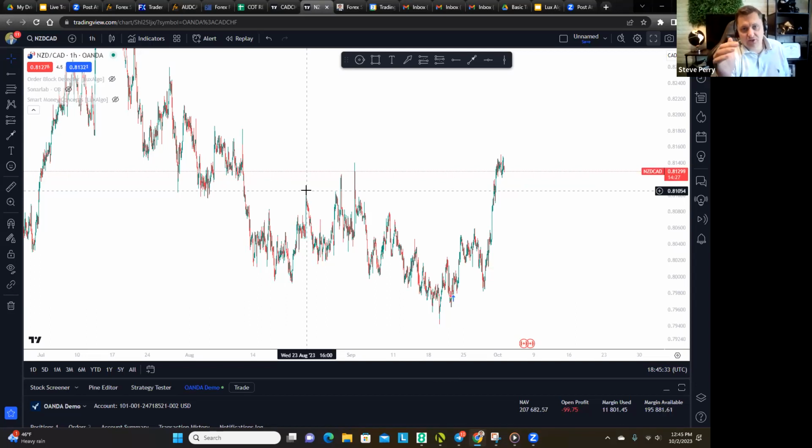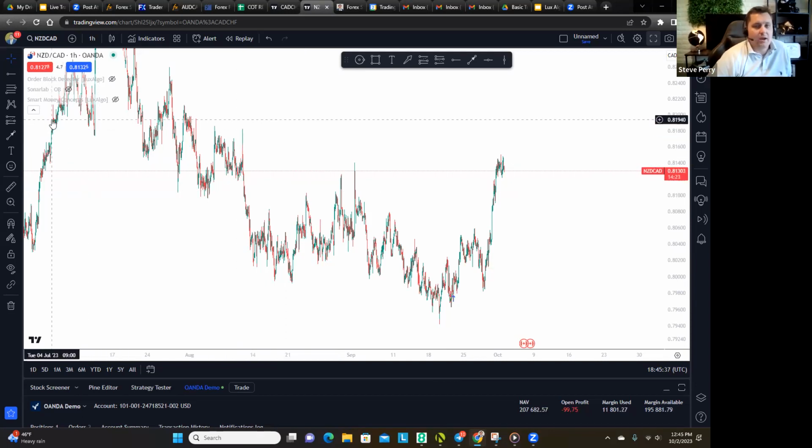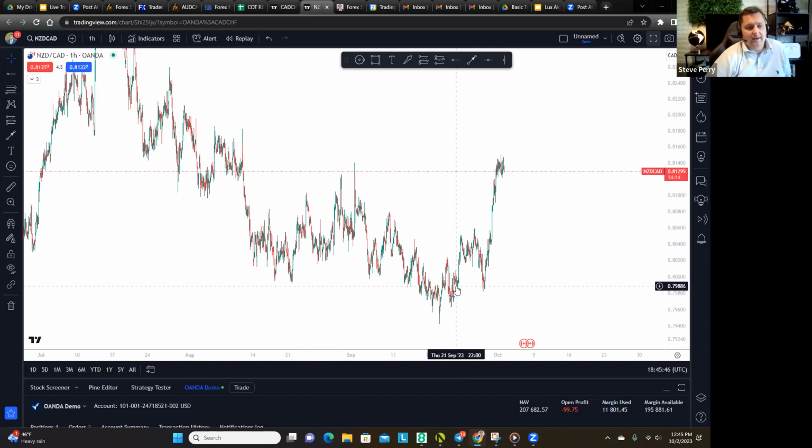And so if you're going to use an indicator, that indicator needs to help you find liquidity and/or breaks in structure. And if it doesn't do that, then it's not a worthwhile indicator. You might as well just trade pure price action and not trade any indicators at all if that's your approach.